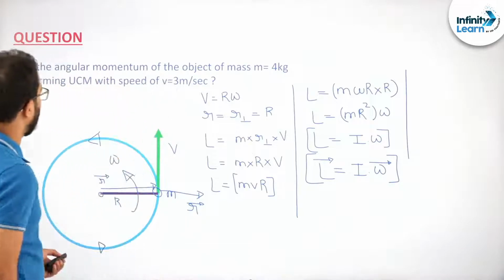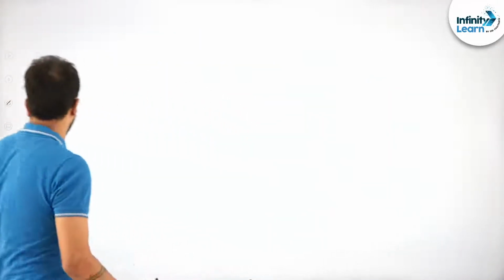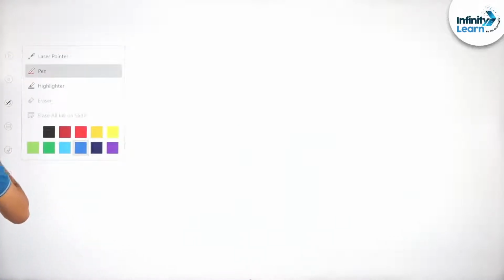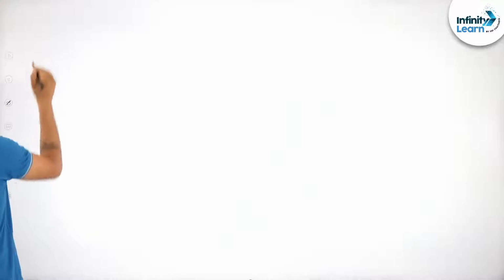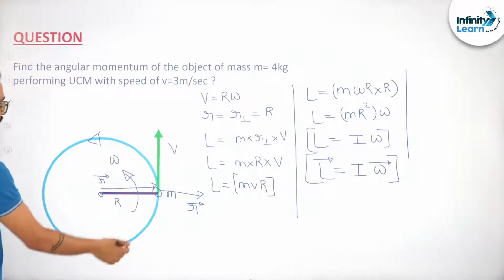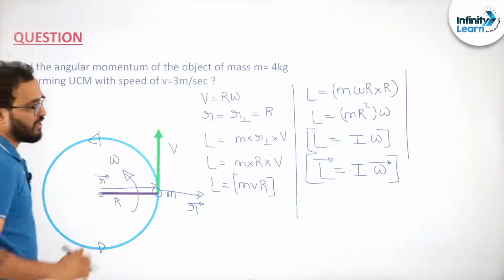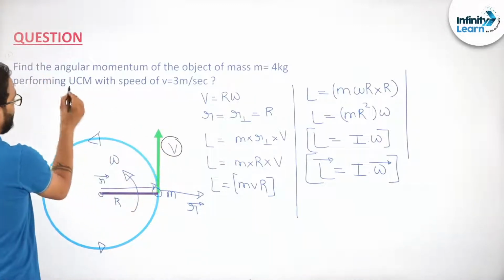Now let's take a very nice question here. I have a very good question. In the previous question, students, can you see that the direction of vector L was constant and the magnitude is also constant? Suppose it is rotating with constant velocity, it is given UCM.